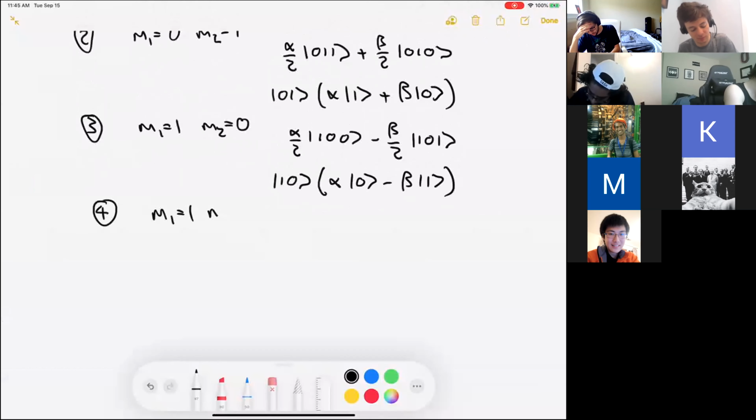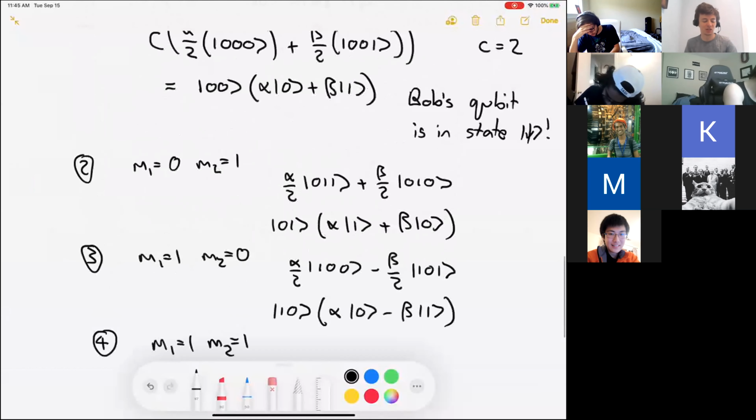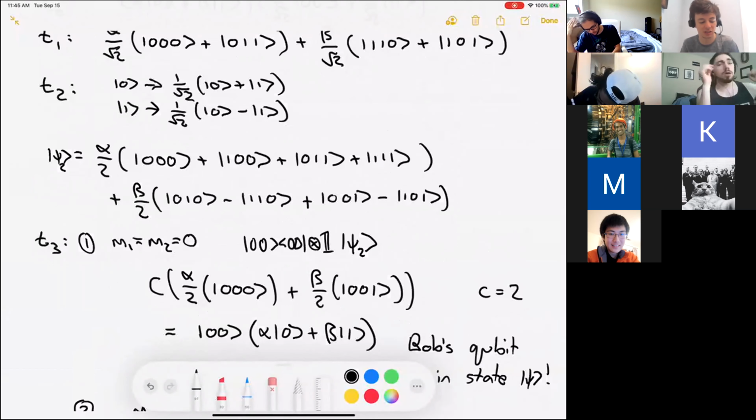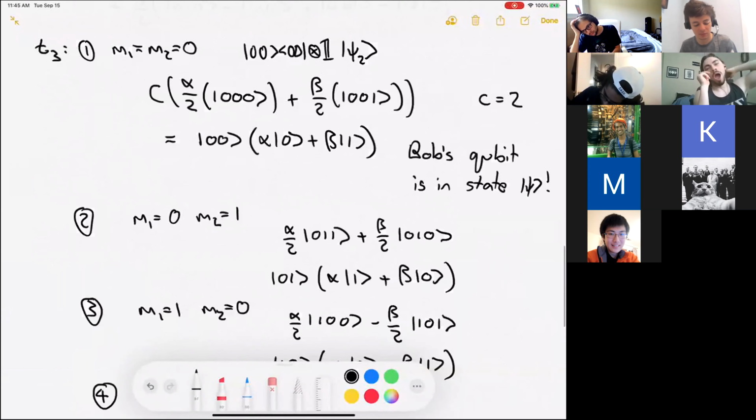They're both equal to 1. Someone tell me the two terms that survive from psi 2. Alpha over 2, 1, 1, 1. Yep. And minus beta over 2, 1, 1, 0. Exactly. So it's the last term from the first row, second term from the second row.